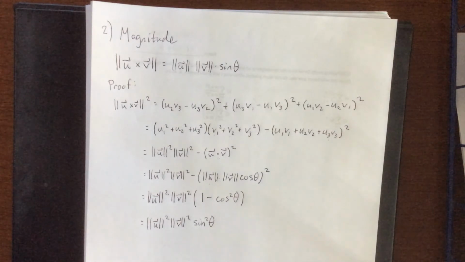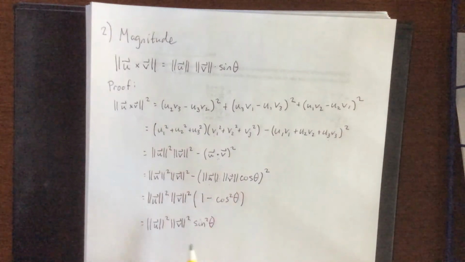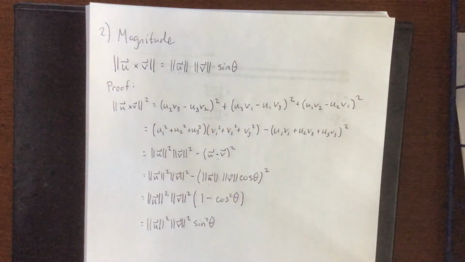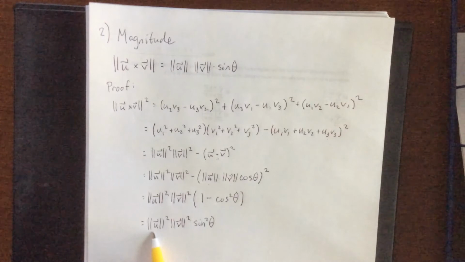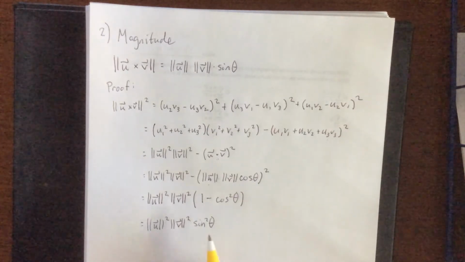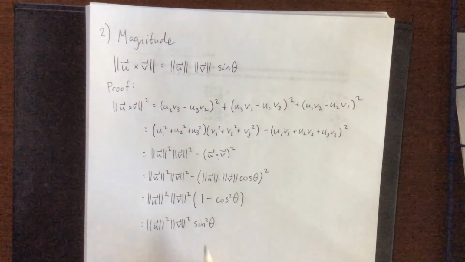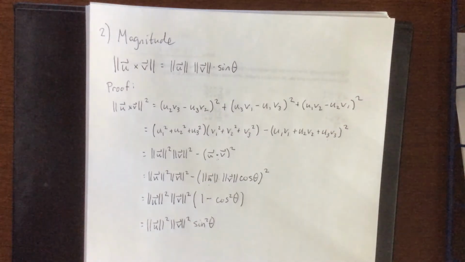Now from here, if we take the square root of both sides, we will arrive at the identity that we want. Technically, we know this is going to be positive, and what we don't know is whether this sign is going to be positive. However, when we talk about two vectors, the angle between them is always between 0 degrees and 180 degrees.